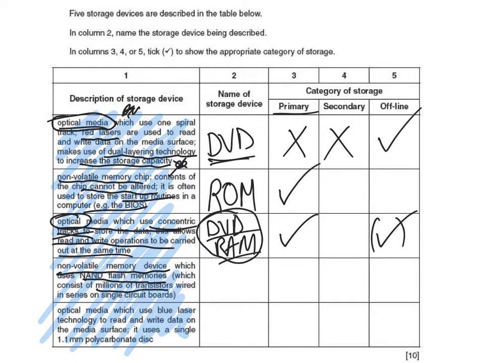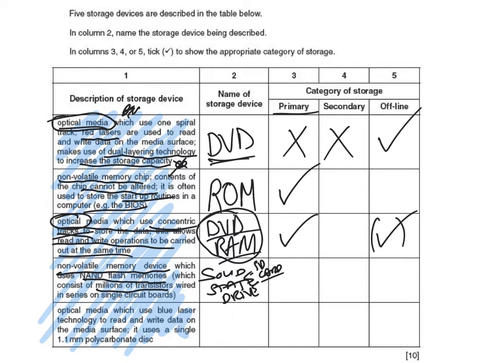Okay, next one, non-volatile memory device which uses NAND flash memories, millions of transistors in series on a single circuit board. Well, I'm thinking solid state device right there, so solid state drive we could go for. You could also say SD card, that would be fine. Any solid state memory, USB would work there as well.